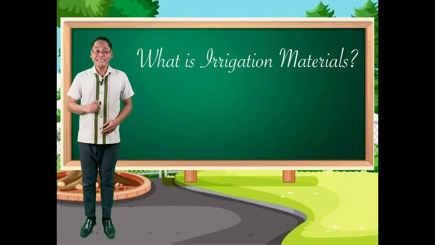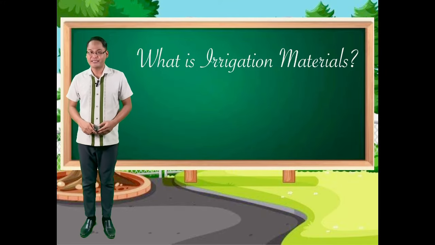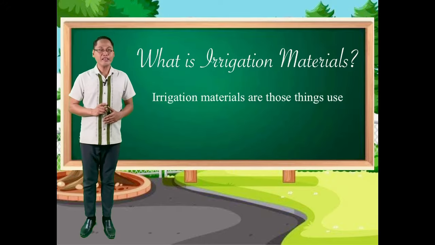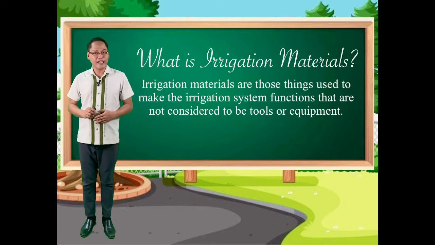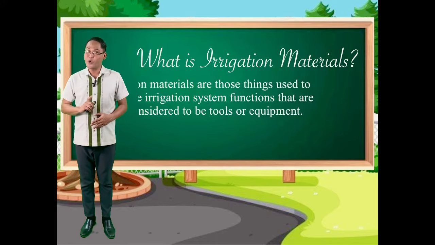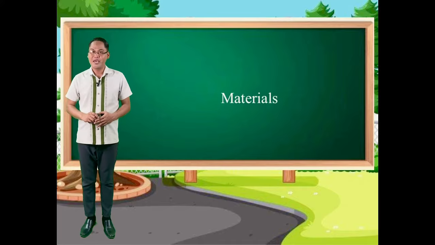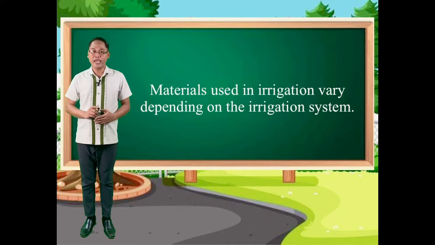Now, what is irrigation materials? Irrigation materials are those things used to make the irrigation system function that are not considered to be tools or equipment. Materials used in irrigation vary depending on the irrigation system.